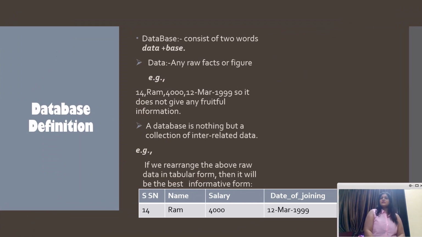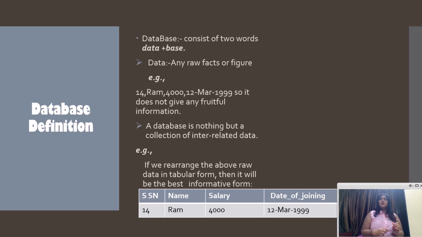So what is data? Databases consist of two things: data plus base. But what is data? Data is any raw fact or figure. Suppose someone says 14 RAM 4000 and a date. Is there something informative in this?